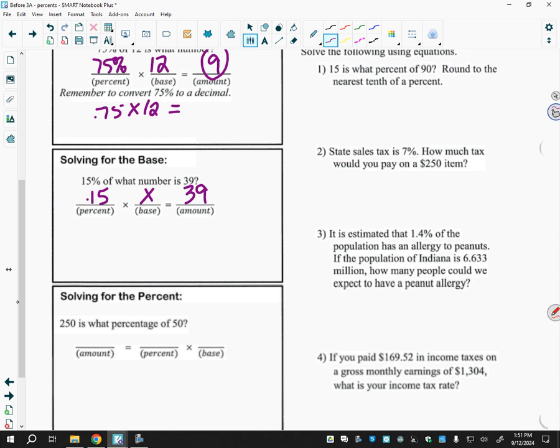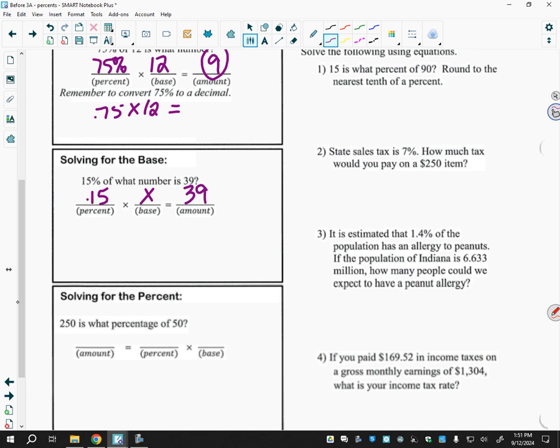I'm not going to force you to do one way or the other. I'm just showing you both ways work. Okay? They both work all the time as long as you put the numbers in the right spot. I like is over of equals percent over 100 because I feel like it helps me just know where the numbers go. But this, I mean, if you memorize this, percent times base equals amount.